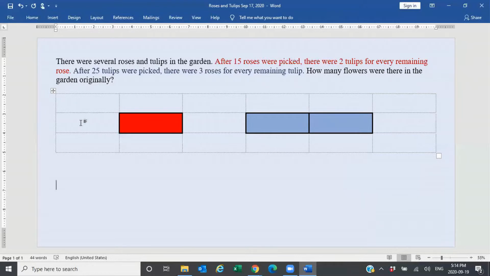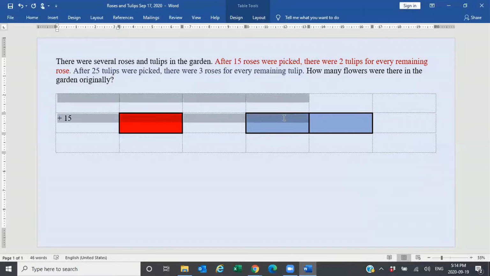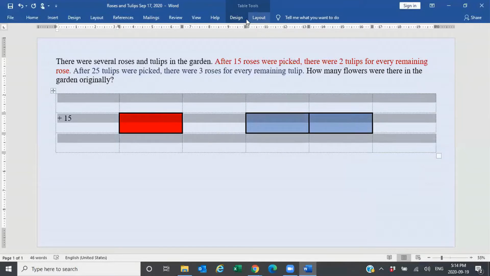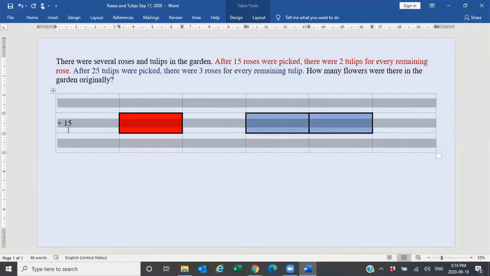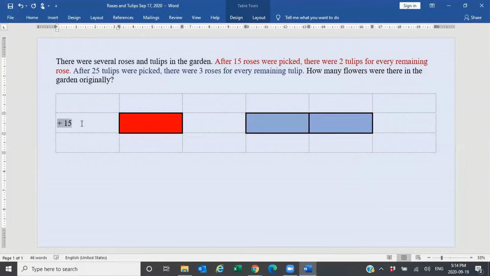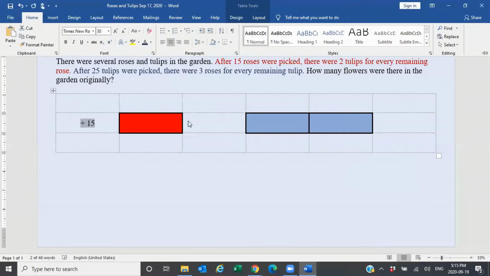But this is after 15 roses were picked, so I'm going to do a plus 15 here. I also need to do this just to make sure my writing will be good later on. I'm also going to need to highlight this 15 in order to make it like I want it. Like that.